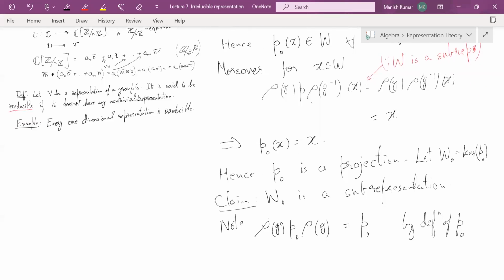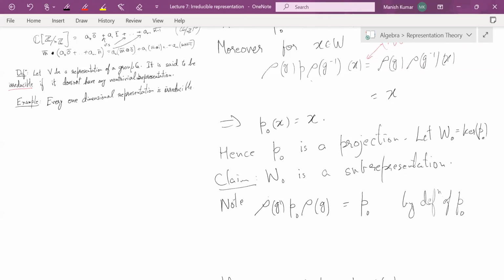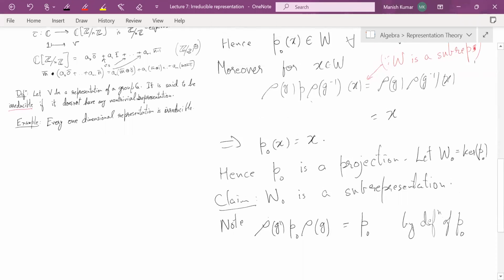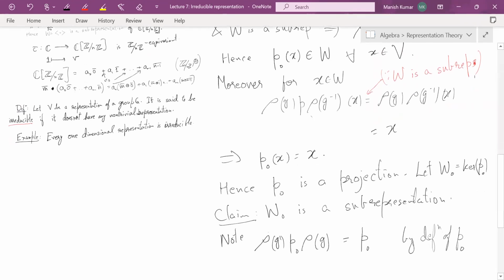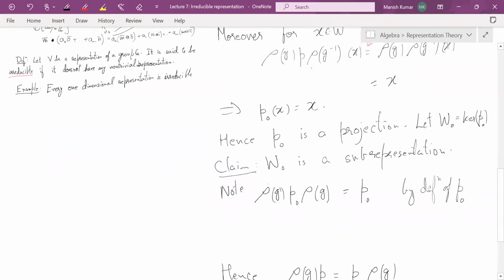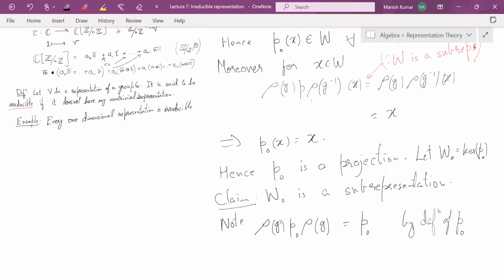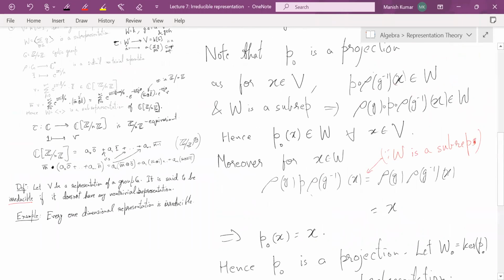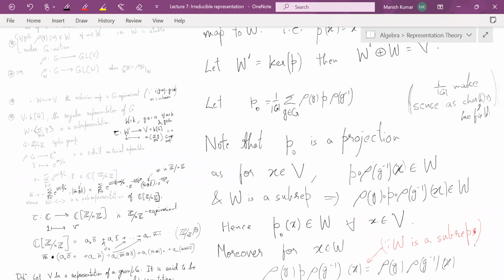So let's just check that. This is just trivial, because note that if you conjugate P0 by rho G, you look at this formula.